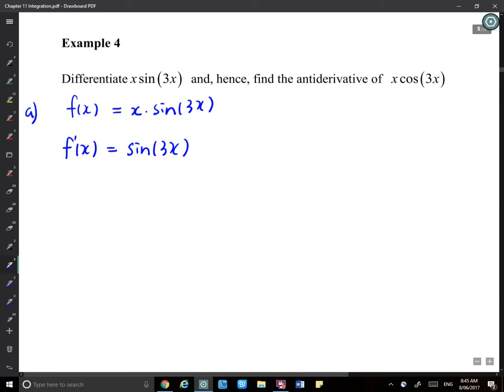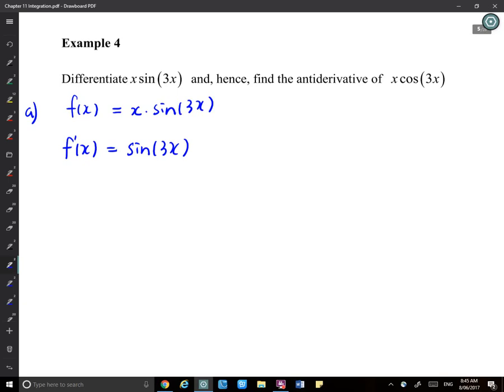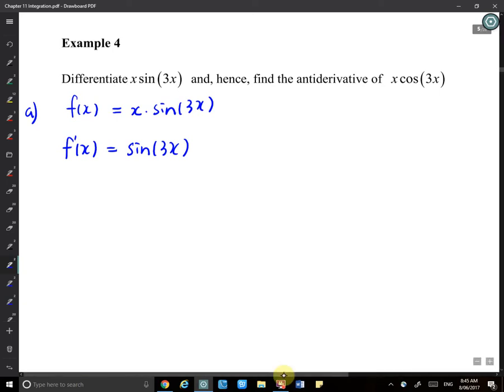Cos, right? Sine will become positive cos for differentiation. So it's 3 cos 3x. Hope you still remember the differentiation. Sine will become positive cos and 3 in the front. So it's 3x times cos 3x.